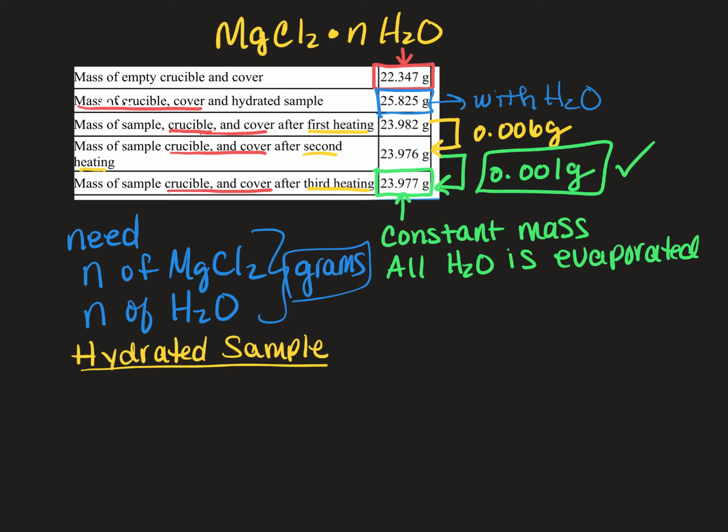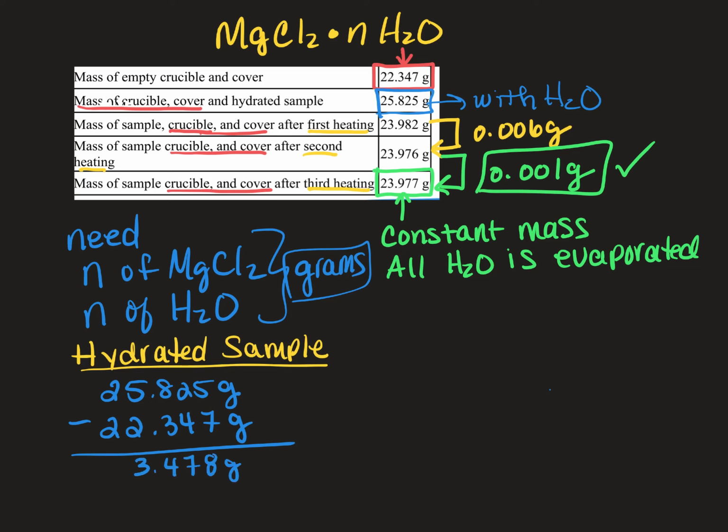So that's going to be the 25.825 grams minus the mass of the crucible, which is 22.347 grams. Okay, so that's going to give 3.478 grams, and that again is going to be the hydrated sample. So that's MgCl2.H2O. So it has all of that.